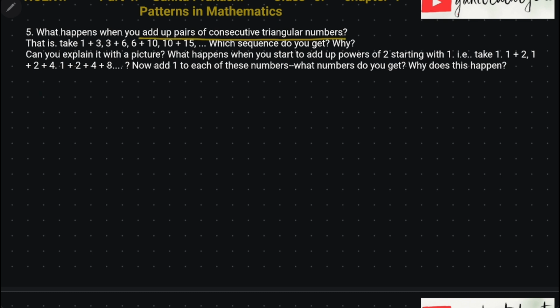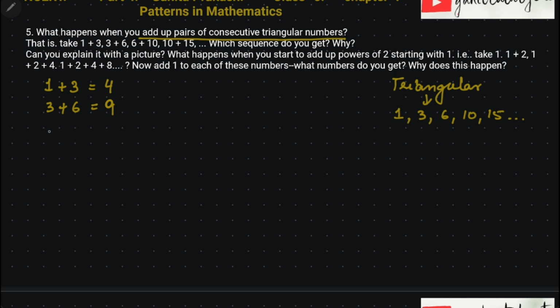So the first part is what happens when we add pairs of consecutive triangular numbers. So the first is 1 plus 3. Triangular numbers are 1, 3, 6, 10, 15, and so on. So here 1 plus 3 is 4. Next, 3 plus 6 is equal to 9.